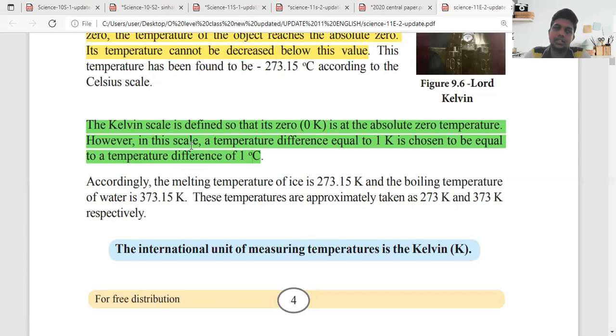So each and every chapter in physics, you have to have an idea about the SI units. For temperature, we can use Celsius, Fahrenheit, and Kelvin scales. From these three, the SI unit is Kelvin.